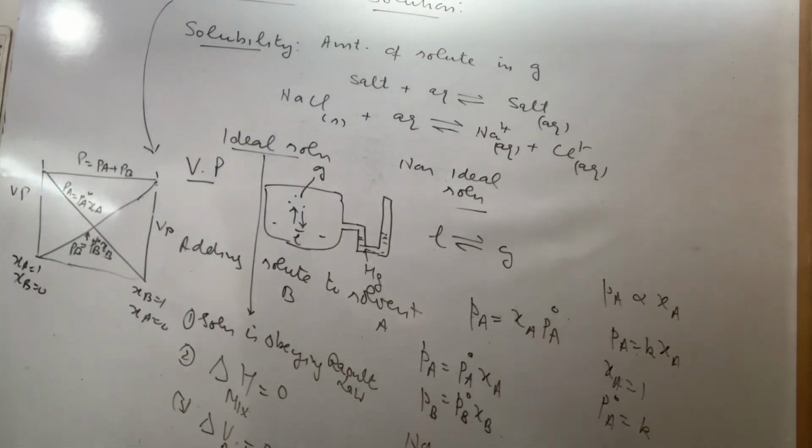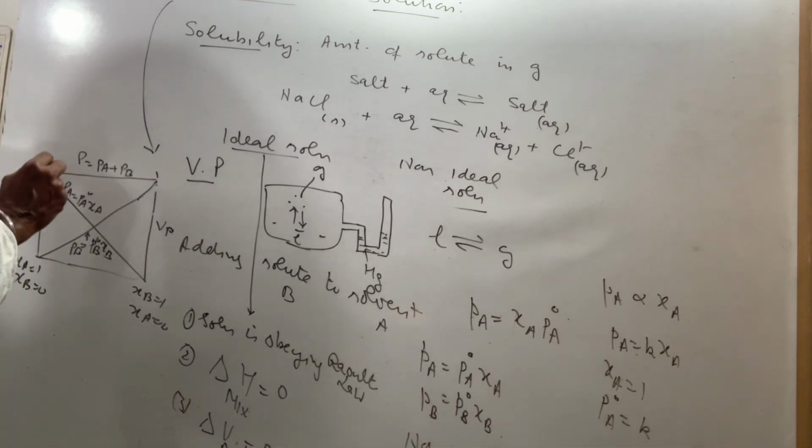So this is as per thermodynamics, and thermodynamics has application in chemical equilibrium, and solution is also an application of thermodynamics. So this is the solution showing positive deviation. How does it look? In this case, the graph will be like this.